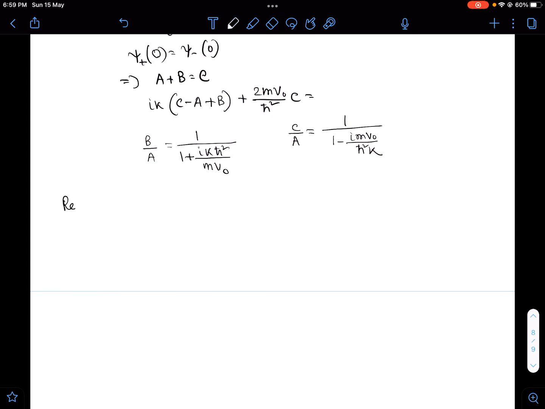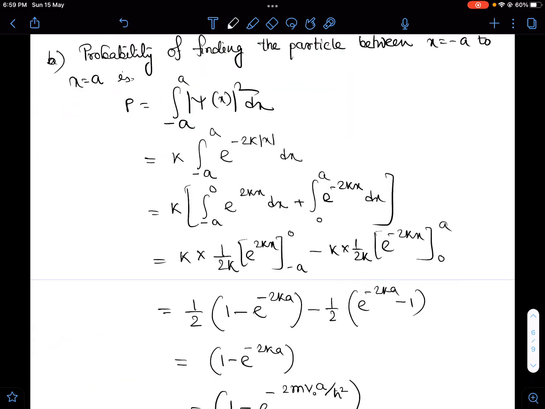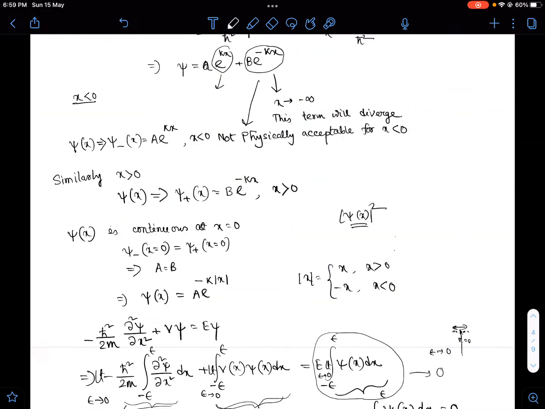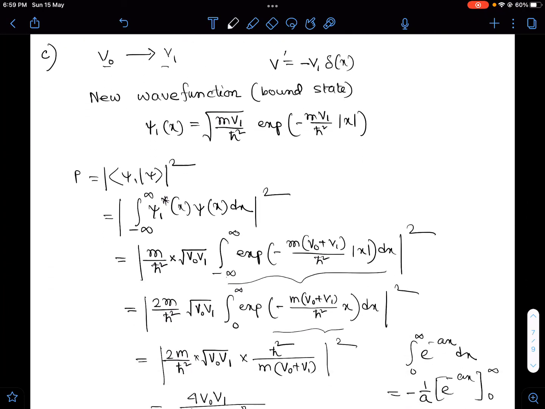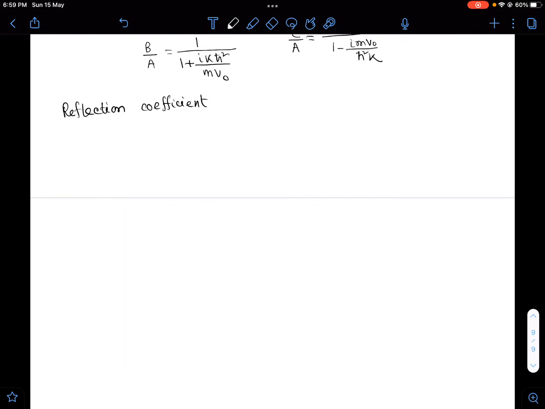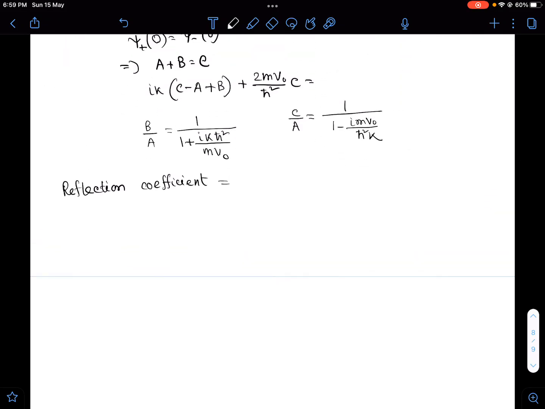So what is the reflection coefficient? We know that b is the wave function of the reflected state and a corresponds to the wave function of the incident. So the reflection coefficient is defined as b by a squared, and it turns out to be 1 by 1 plus h to the power 4 k squared by m square V0 squared.